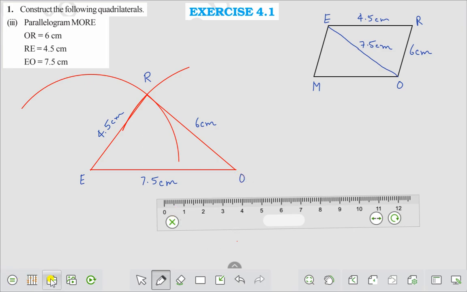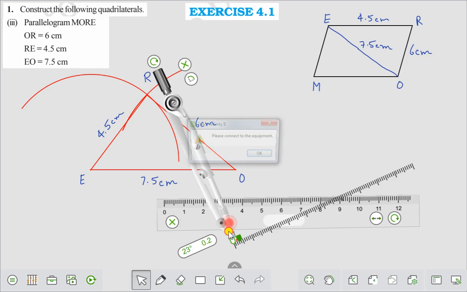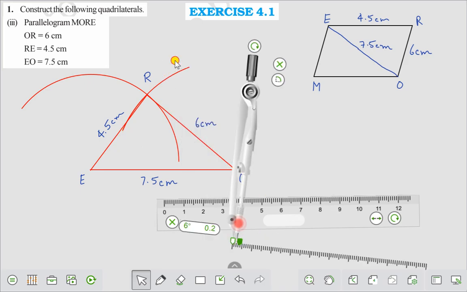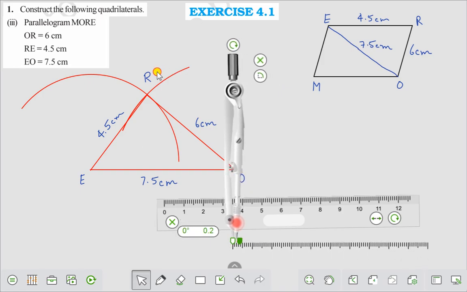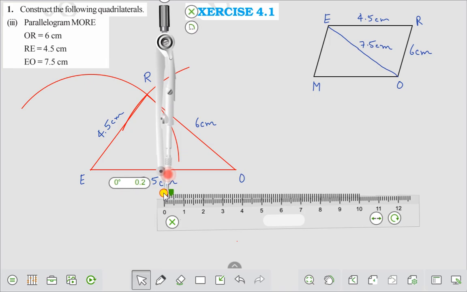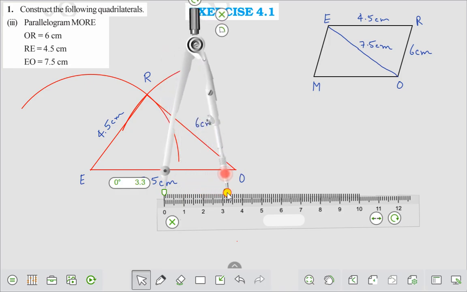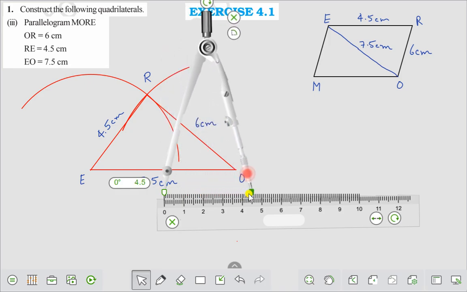Let us take the compass and take the value 4.5 centimeter again. Let us take this pointer here at point O and take 4.5 centimeter. Here you see this is exactly 4.5 centimeter.